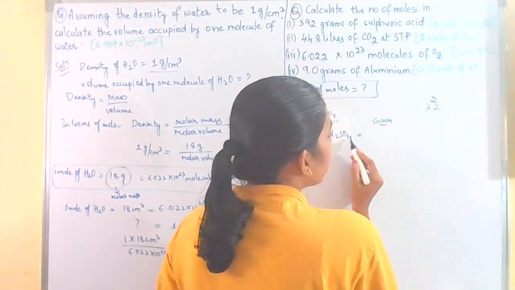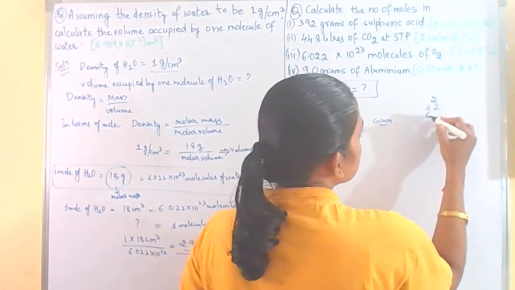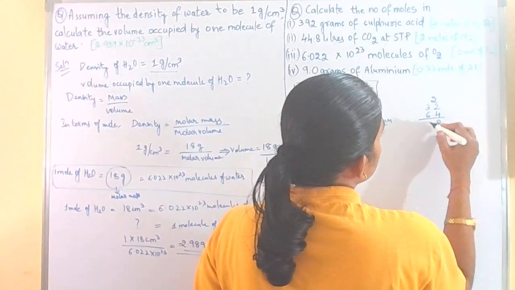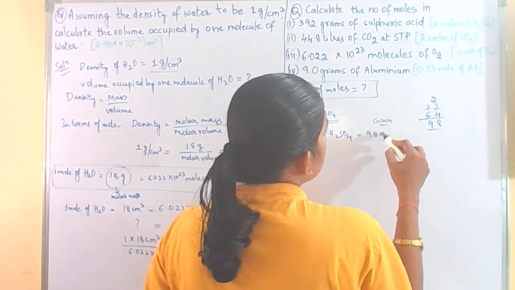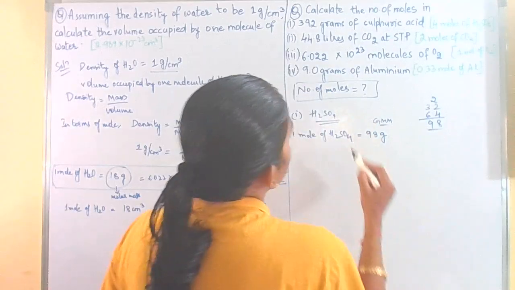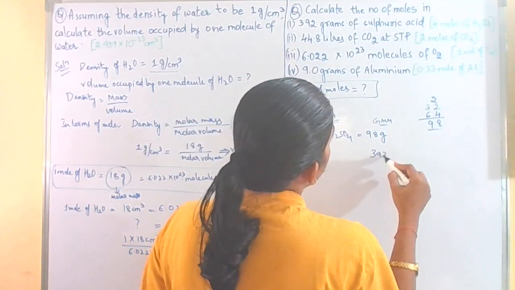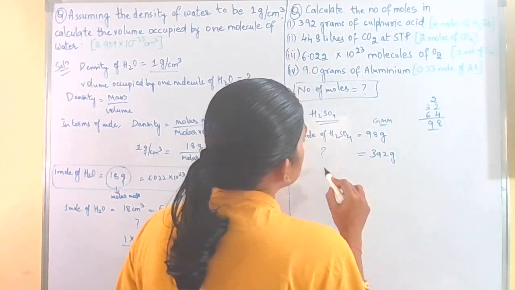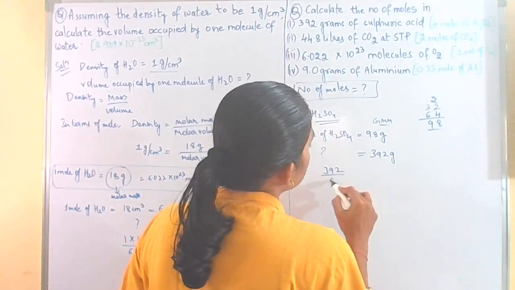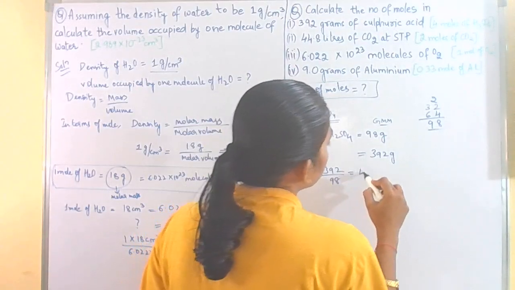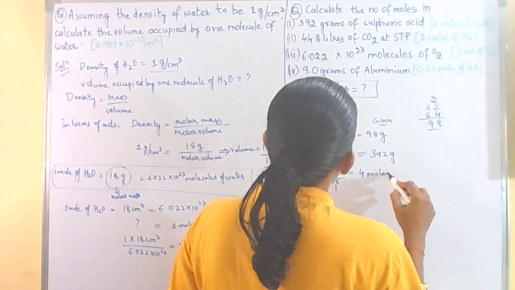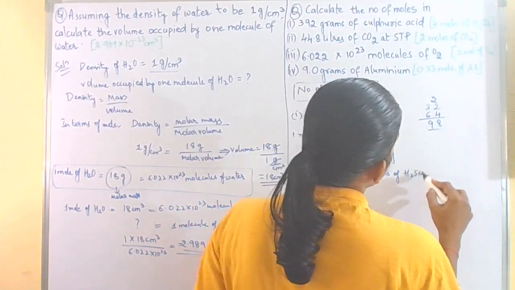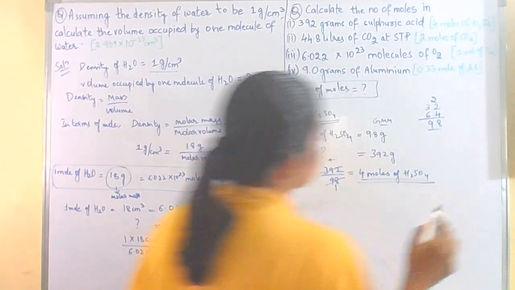Oxygen is 16, 4 oxygen atoms, 16 into 4, 64. So 98. 98 grams. Then the number of moles in 392 grams is equal to how much? 392 by 98. You'll be getting 4 moles. Okay, 4 moles of H2SO4 is present.